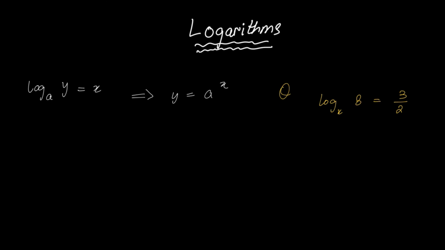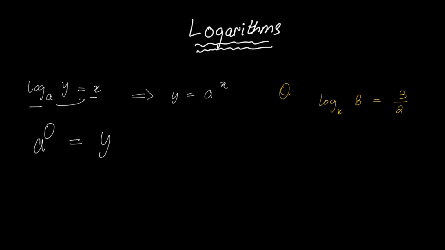So first of all, let's look at what log is. Log base a of y is equal to x. What does this mean? This means: what power can I apply to a that makes the answer y?